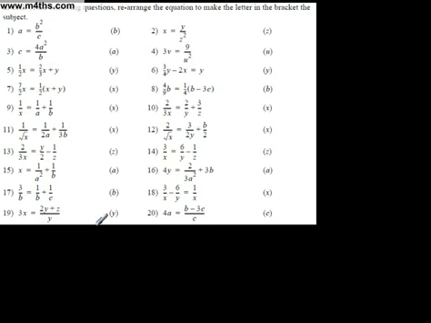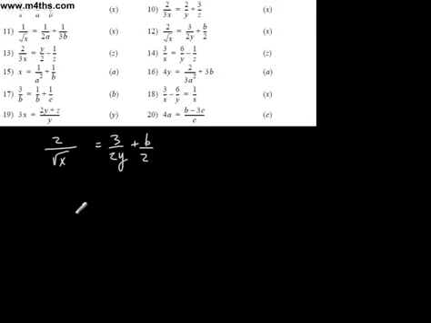Now, let's look at one of the more challenging examples. On this one, we're asked to make x the subject. We've got 2 over root x is equal to 3 over 2y plus b over 2. Now, we can take a huge liberty here, assuming we just wanted to get x in its rawest form. If I take this as one whole quantity, I can divide both sides by the quantity in the bracket and multiply up by the root x.